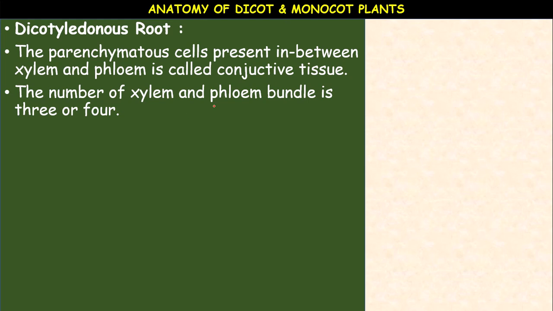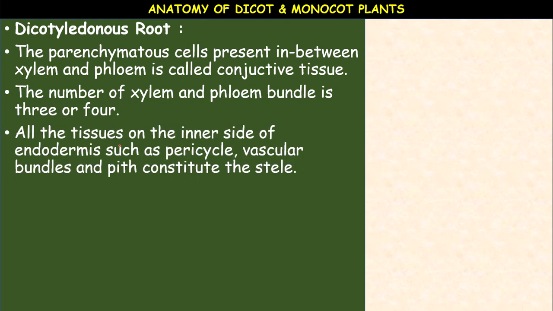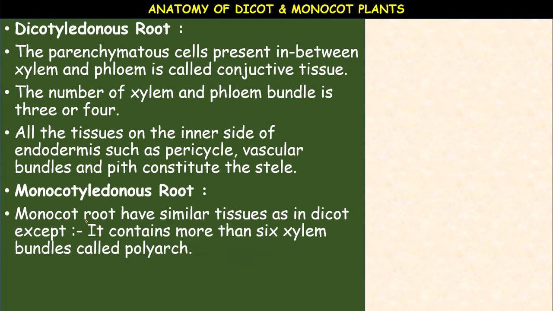The number of xylem and phloem bundles is 3 to 4. All the tissues on the inner side of the endodermis, such as pericycle, vascular bundles and pith, constitute the stele.